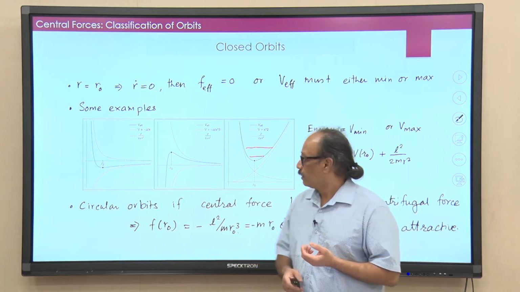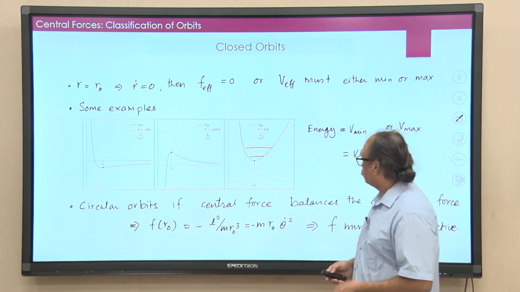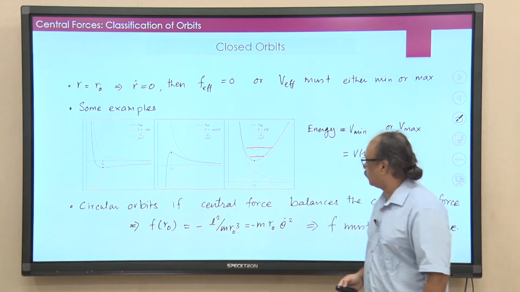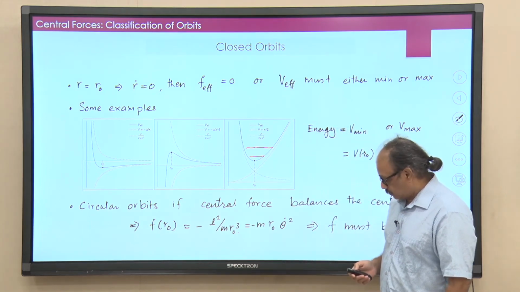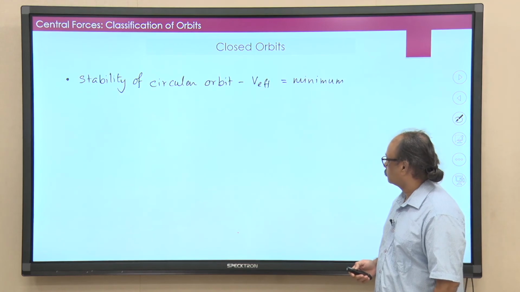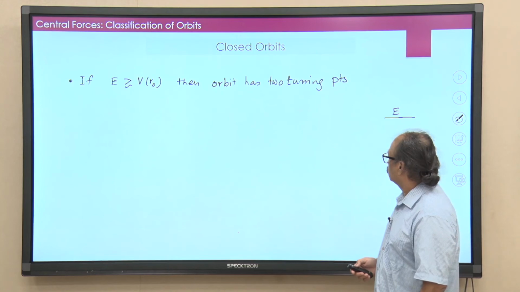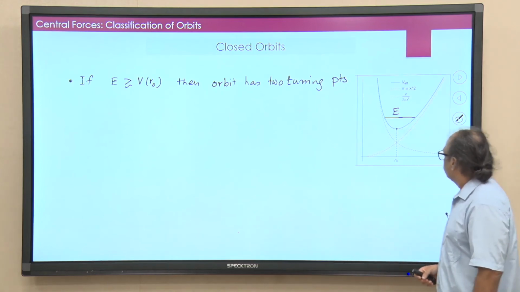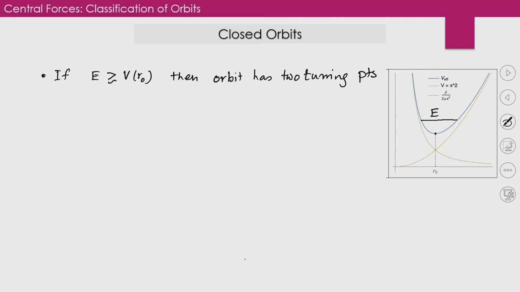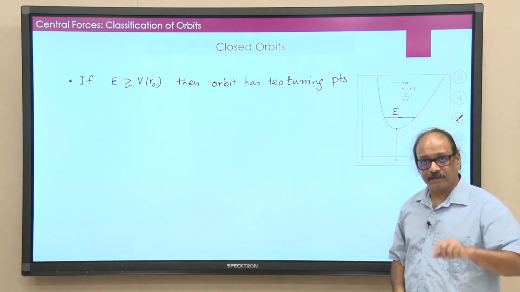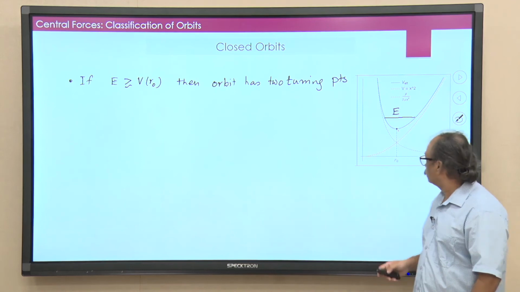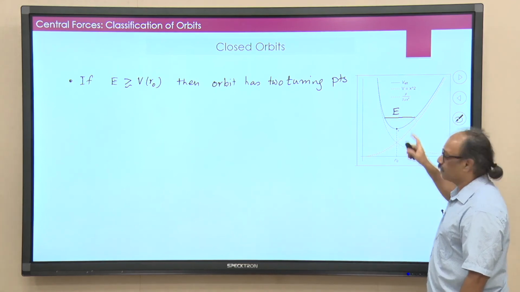circular orbits. Now, what will happen if I increase the energy a little? So, if I have energy equal to V effective at minimum, then of course, I have a stable circular orbit. Now, what I am going to do is increase energy a little.